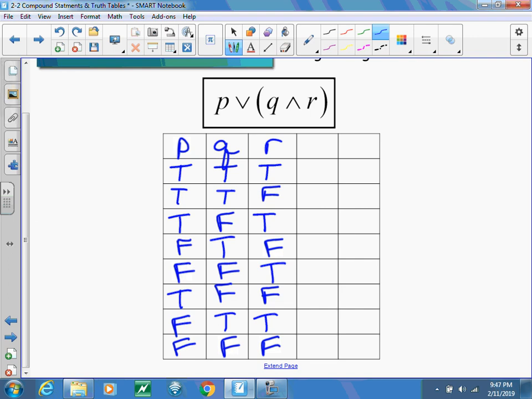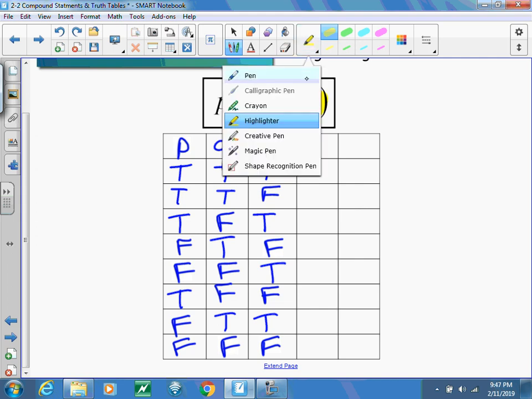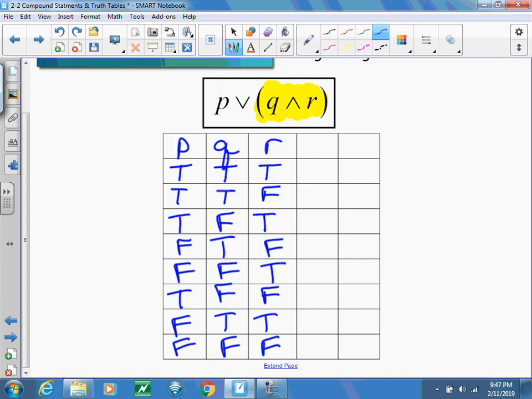Now, I don't have any negations up above, but I do have a set of parentheses. We're going to treat those parentheses kind of like order of operations, meaning I need to take statement Q and statement R and see what's happening between those 2.